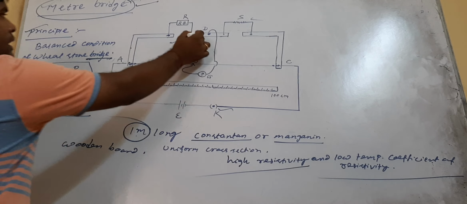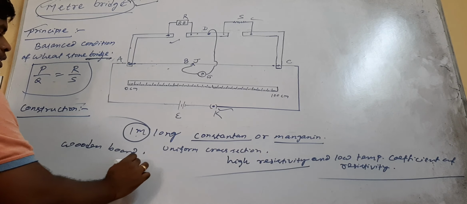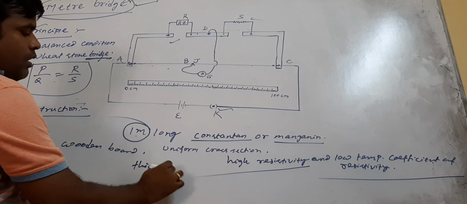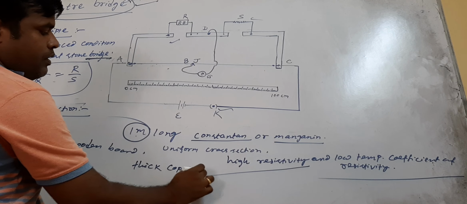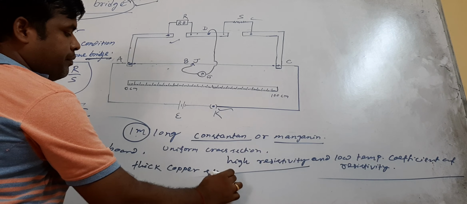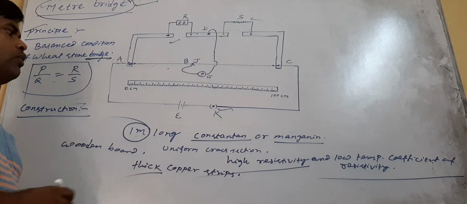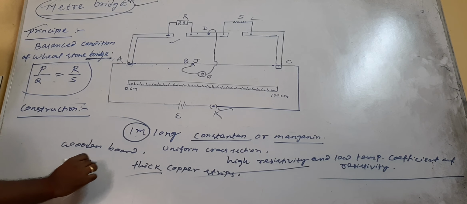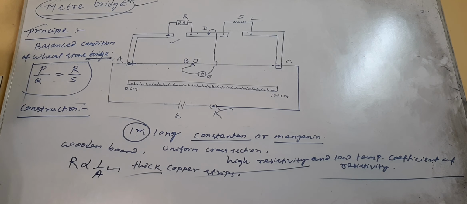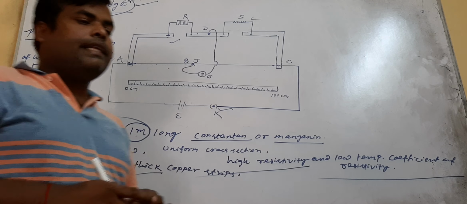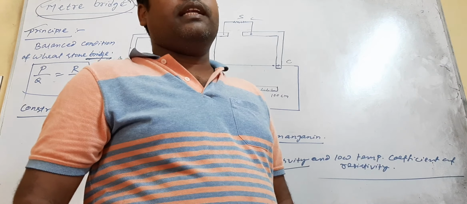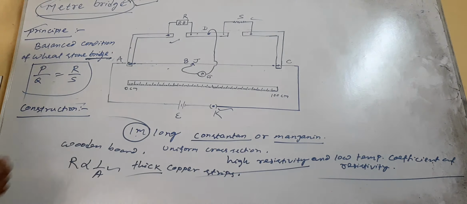These are the thick copper strips. Why is it thick? Thick means width is more. You know, resistance is inversely proportional to area of cross section. If area of cross section is more, then the resistance is less.